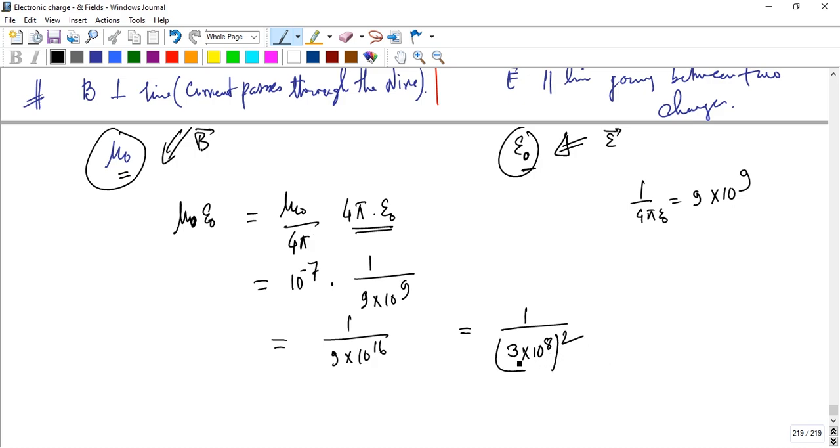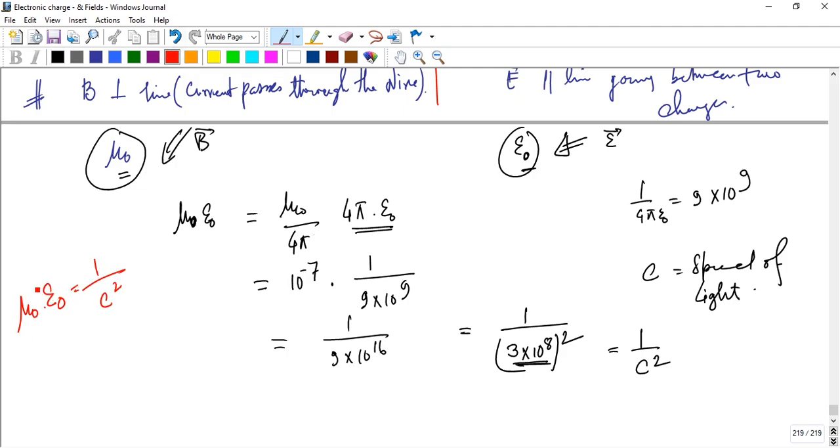We know that 3 into 10 to the power 8 is the speed of light, so here 1 by c square. So the final expression is mu 0 times epsilon 0 equals 1 by c square. That's very important. There is the speed of light.